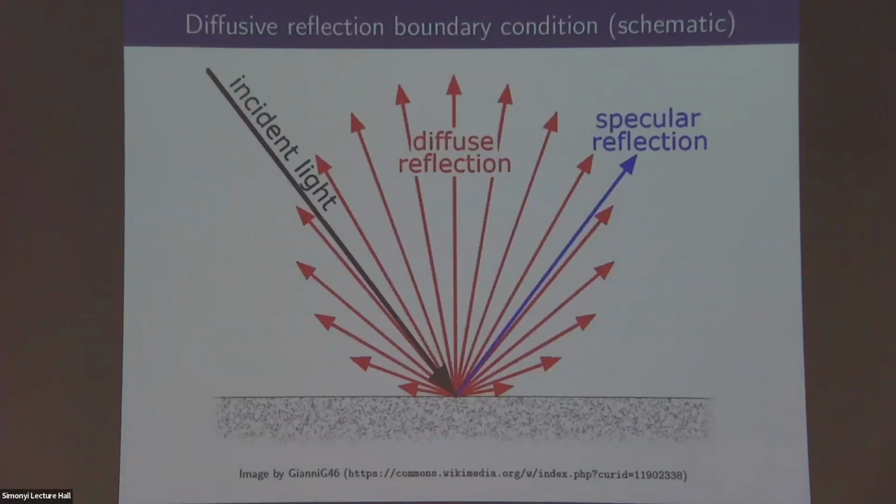Okay, so here's a picture that I took from Wikipedia just so that I can explain the diffuse reflection boundary condition. It's an average. Say you have something hitting a mirror; with the specular reflection boundary condition, it would just bounce back up in the blue direction. Diffuse reflection mushes everything together, like an average, and it bounces all over.